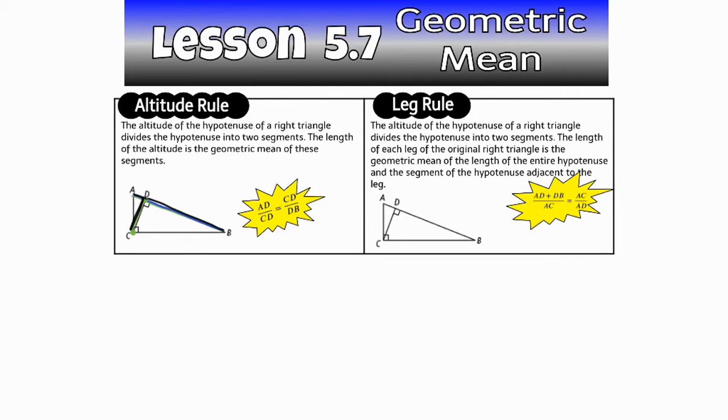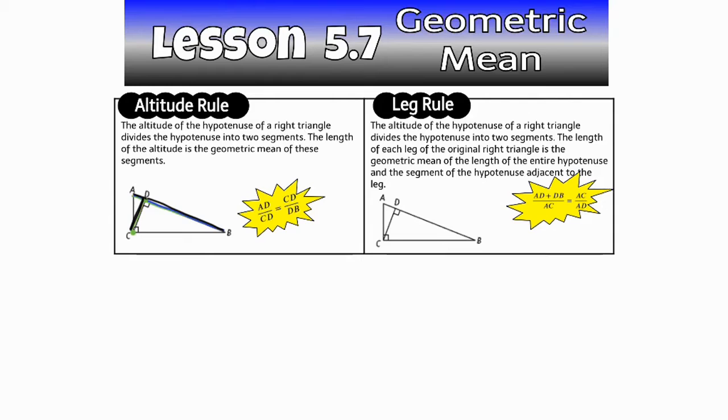These are similar triangles, making up that right angle, making the altitude of the hypotenuse. That's basically all it's going to be. But you can see that you use CD twice, and so if that's your X, it looks a little bit different than what you're used to.